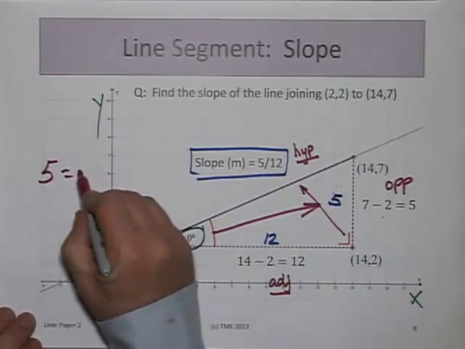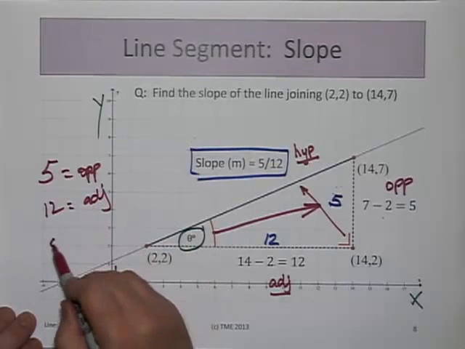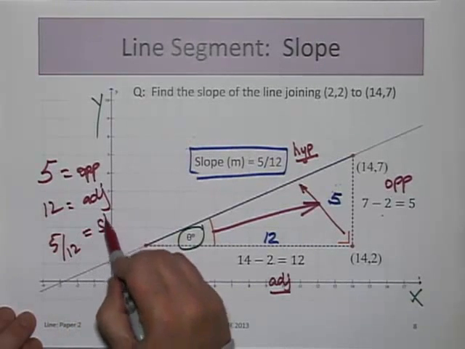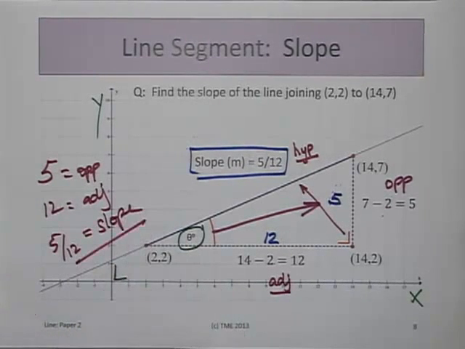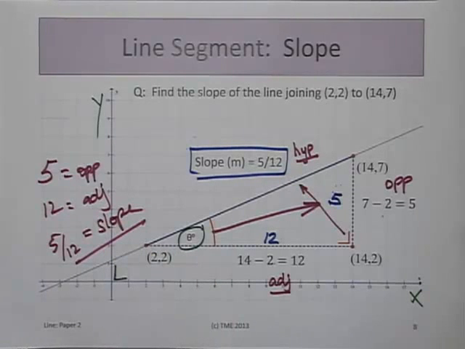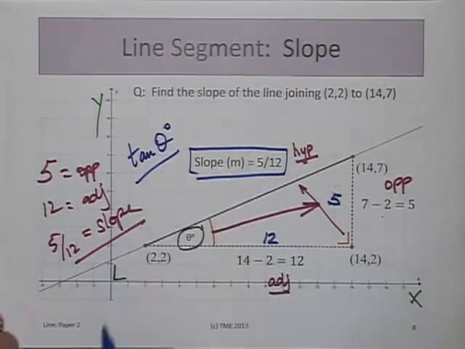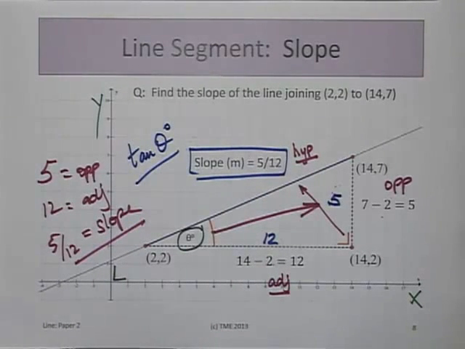Well, 5 is the opposite, and 12 is the adjacent. And 5 over 12 is slope. But 5 over 12 is also opposite over adjacent. And what's opposite over adjacent? Well, you can look that up, but that is tan of theta. So tan of theta is the slope, is m.